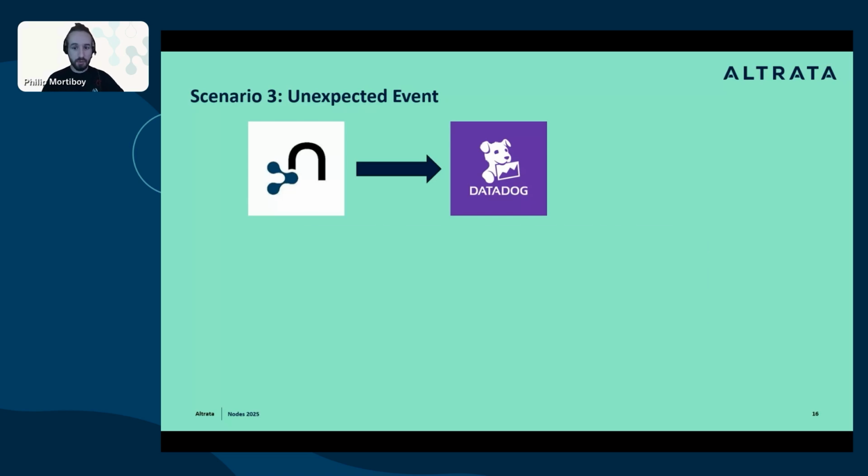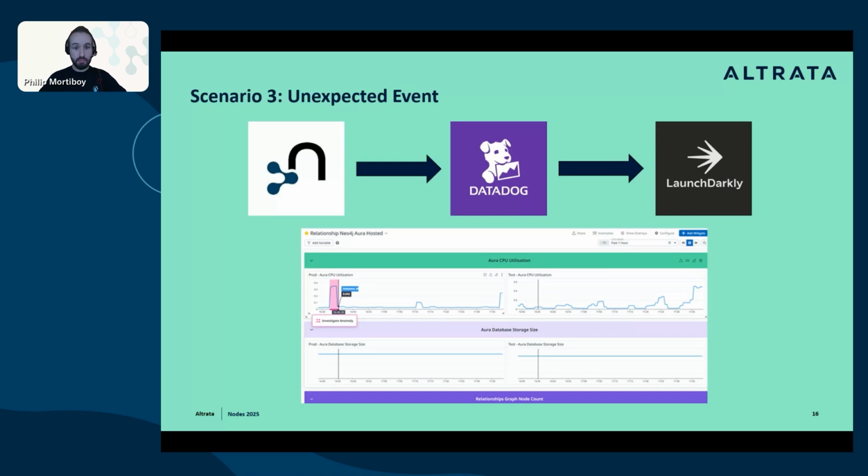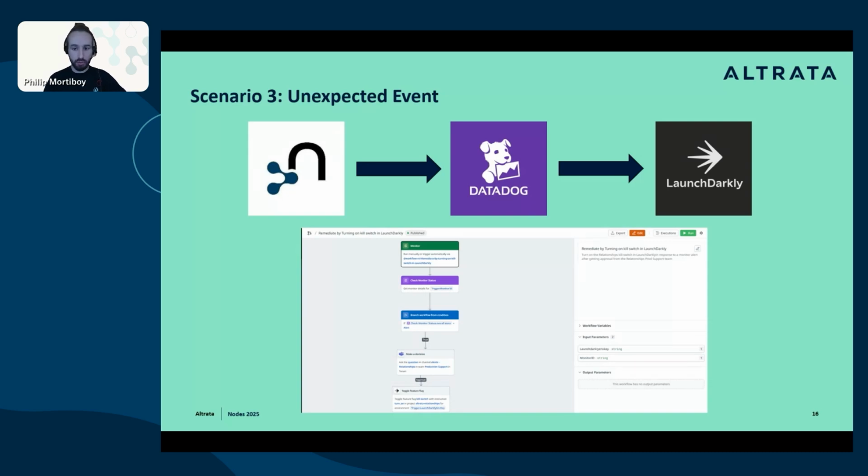And so with this, we've been able to build out dashboards and alarms in Datadog from our Aura metrics, and from Datadog, chain that onto other providers. So we've been able to build a chain to LaunchDarkly to then automate some of the controls around this kill switch. And this just goes to show the power of, because Aura lets you export these metrics to other solutions, you can then build really powerful tool chains like this across your providers.